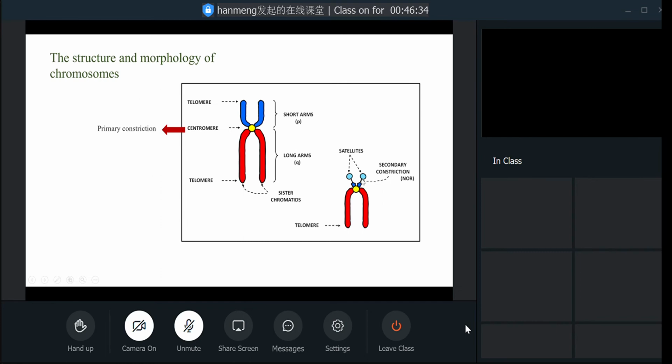And between the satellites and the centromere there is also a secondary constriction. The secondary constriction of a satellite is also named the NOR, the nucleolar organization region.